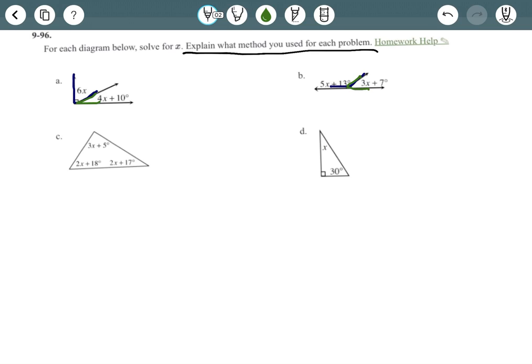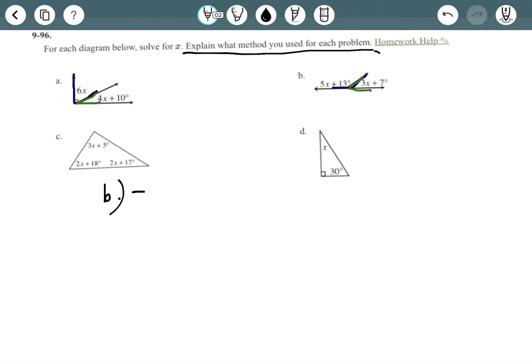So we have these two angles, and together, you can see that they make a straight angle. And what do we know about a straight angle? Well, a straight angle is 180 degrees. So if you're thinking we need to set our equation equal to 180, you're absolutely right.